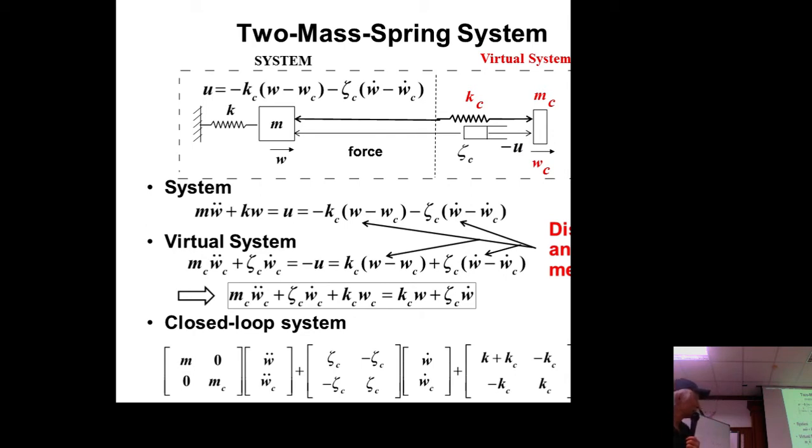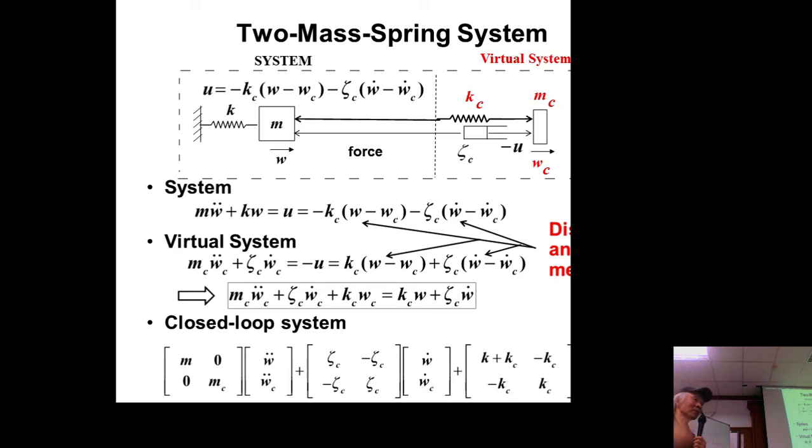See this U there? This follows Newton's law. Kc times W minus Wc, and etac times W dot minus W dot c. That is displacement, that's velocity. Wc we don't worry about; Wc is a computer quantity, computer generated.